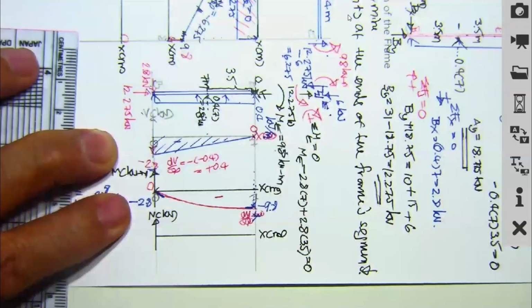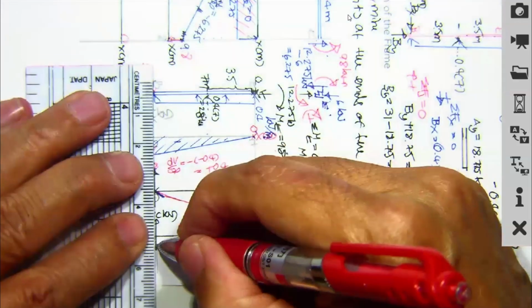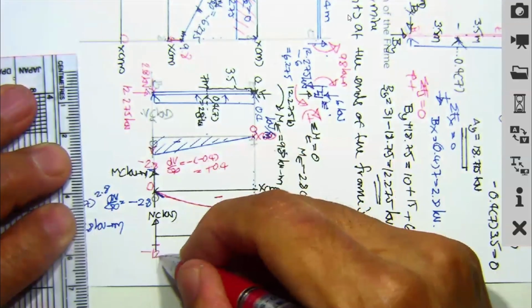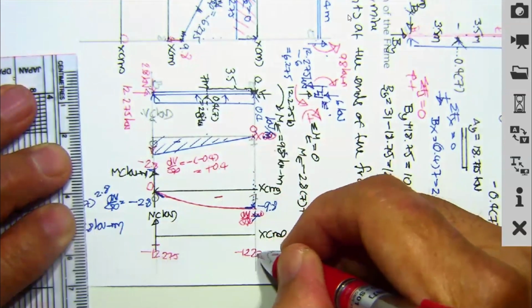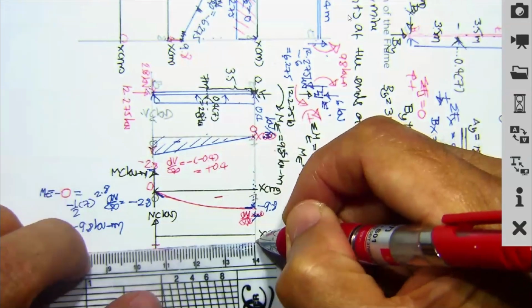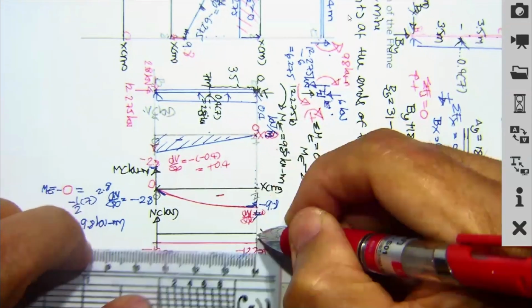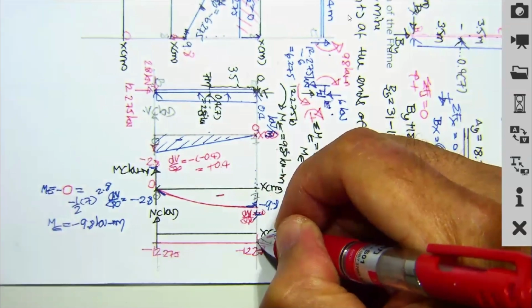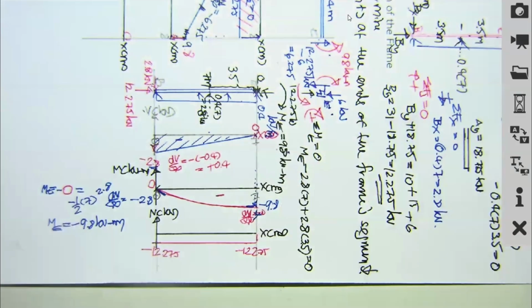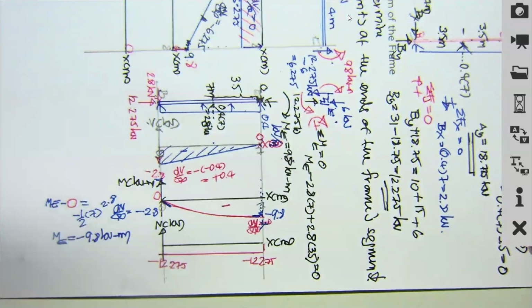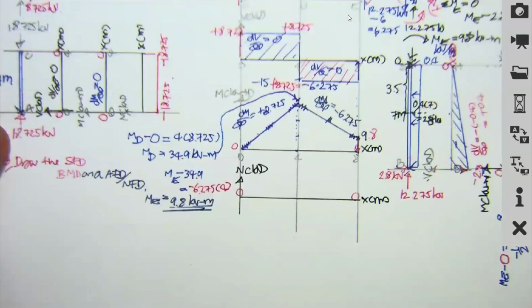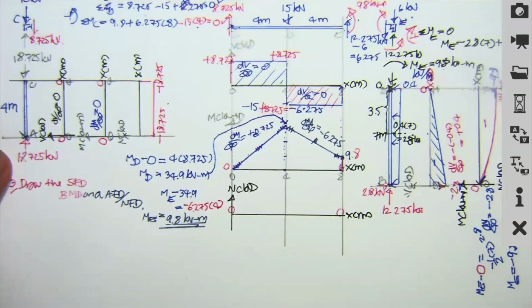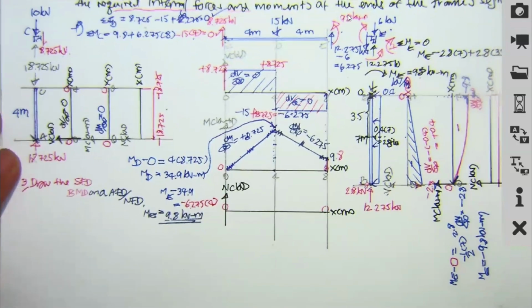And then that's going to be this one minus 12.275, and then constant minus 12.275. Then you get this one to be the axial forces diagram, or normal forces diagram. Now you have everything. Okay, you have all the diagrams.